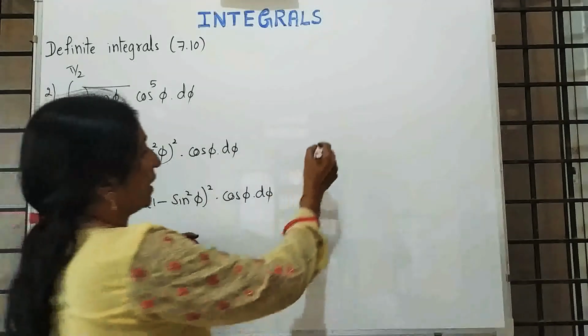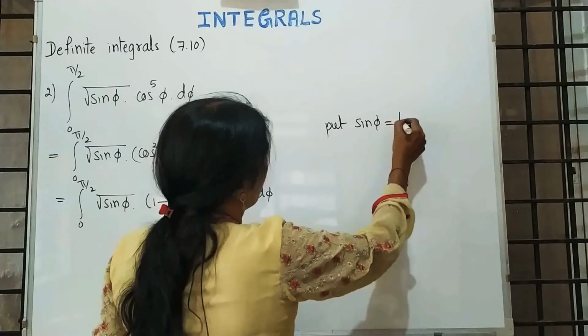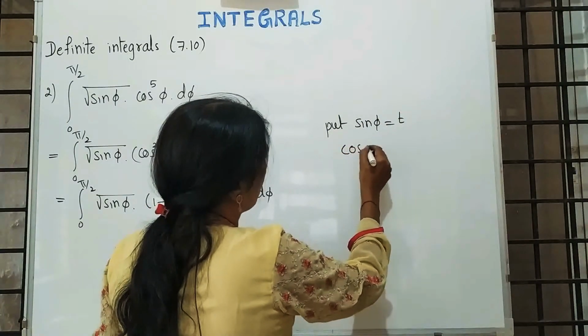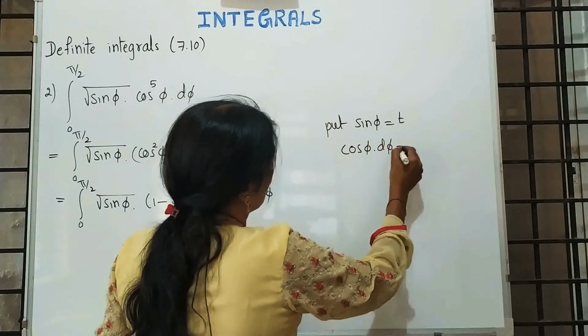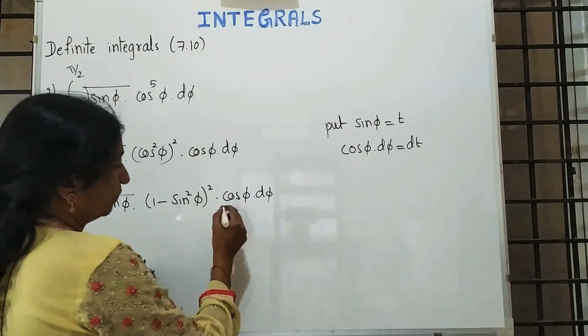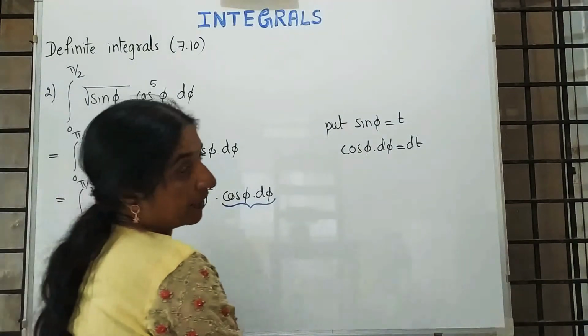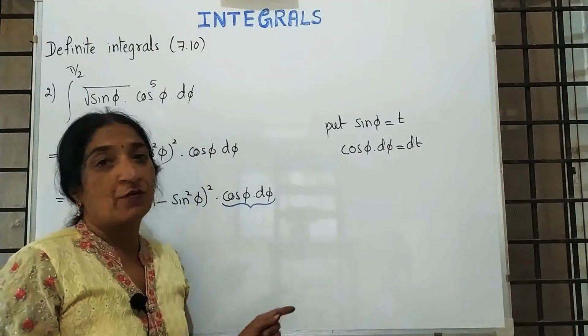Yes. Put sin theta equal to t. Differentiation of sin is cos theta into d theta equals dt. See, we required this value. Correct or not? Now, whenever you are applying a method of substitution, we have to change the limits.